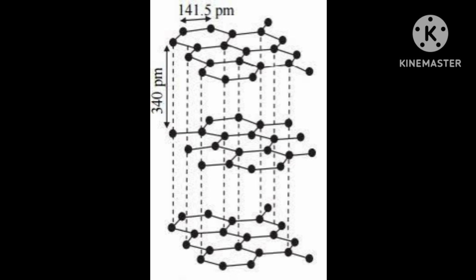Any solid is formed due to this. It is formed by atoms or ions or molecules. Many molecules, atoms or ions are arranged in a proper way. The atoms in any solid are arranged in a proper way. That is called a crystal.